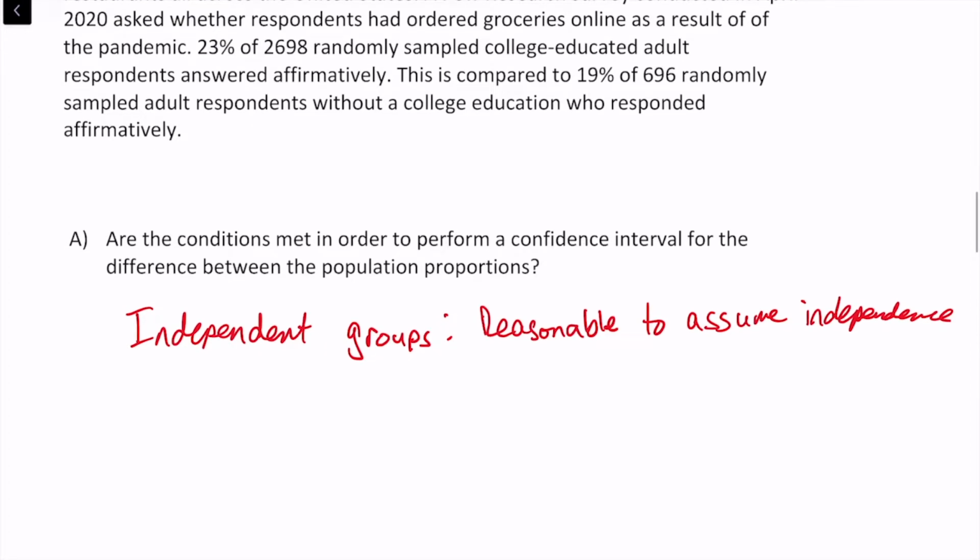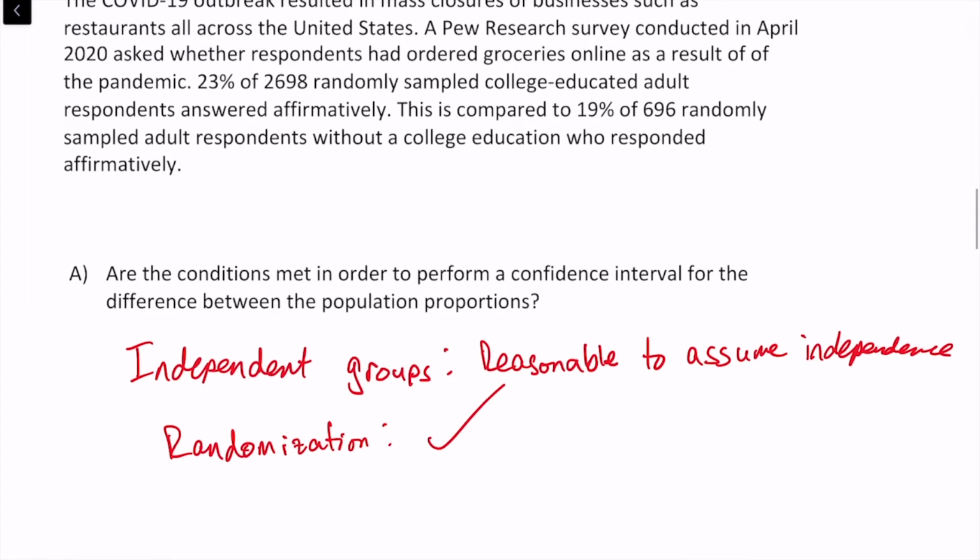All right. What else do we check? Now we need to check for independence within the group, right? And so one way that we check that is we look for randomization. And they tell us this data was collected randomly, right? So we have randomization. And even if they didn't tell us this was randomly sampled, it's reasonable to assume that the samples will be random enough.